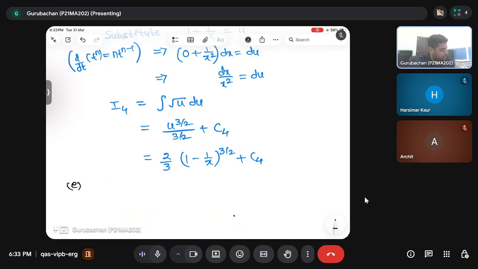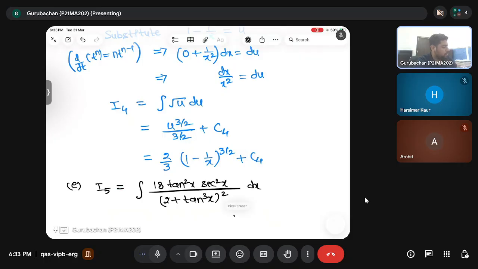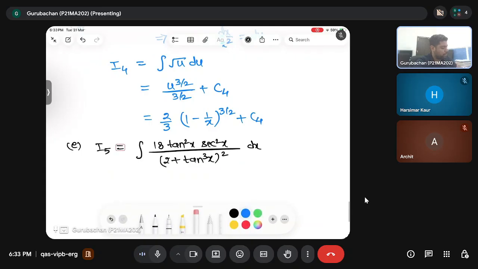So part E, I5, is of the form integral of 18 tan square of x into secant square of x divided by (2 plus tan cube of x) whole square dx. Now first of all tell me what substitutions are possible to solve this integration.